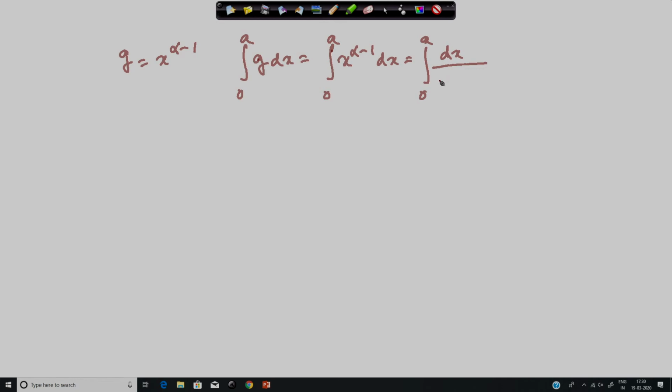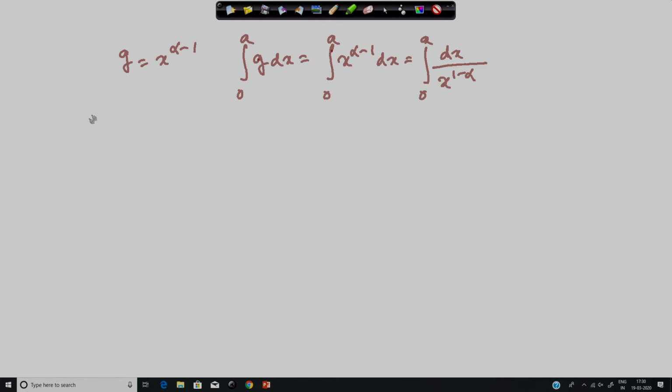So, now what is g? G is x to the power alpha minus 1. So, integral 0 to a g dx is equal to integral 0 to a x to the power alpha minus 1 dx. So, we should write it in the form dx upon x to the power 1 minus alpha. This form is familiar to you, and you know that for a type 3 integral, this integral converges when the power of x is less than 1.